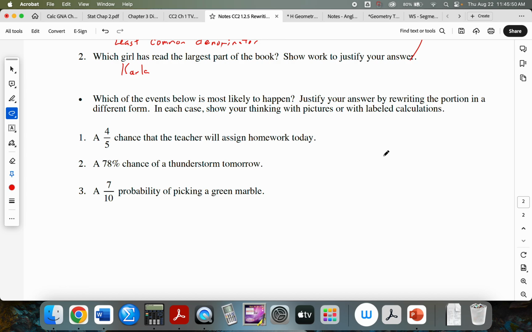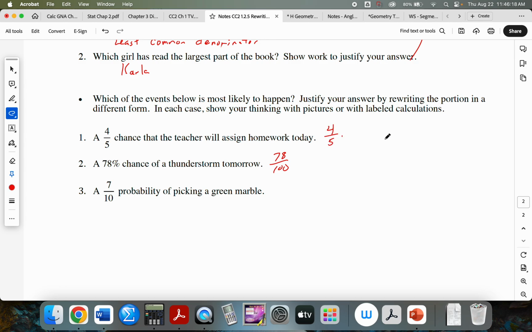So there are lots of ways that we could write these. Since we have a percentage, I'm not going to change them all to percent, but I am going to change them all into something over 100. That makes it easy to compare. So 78%, what is that? 78 over 100. That's just the definition of a percent. 4 out of 5.